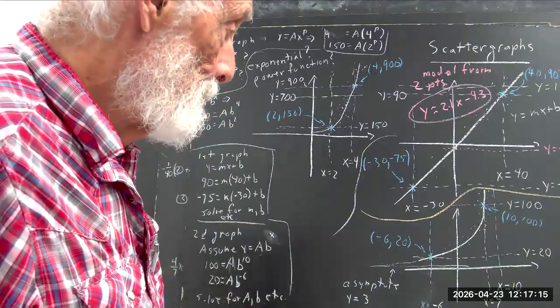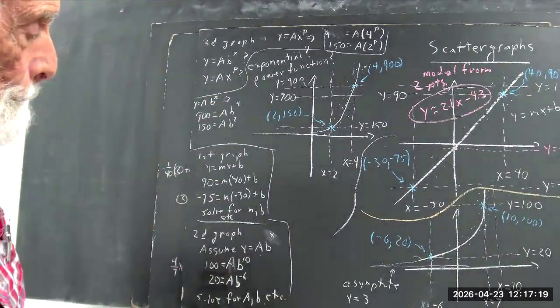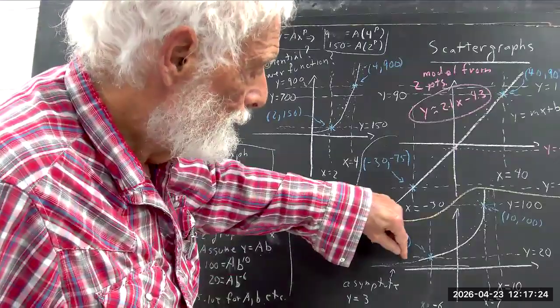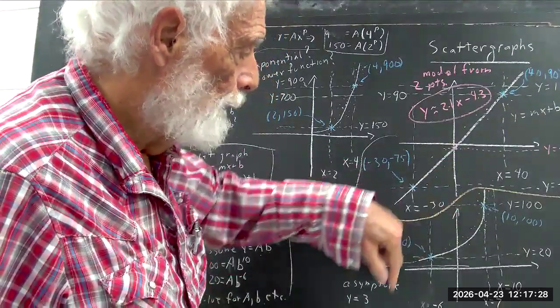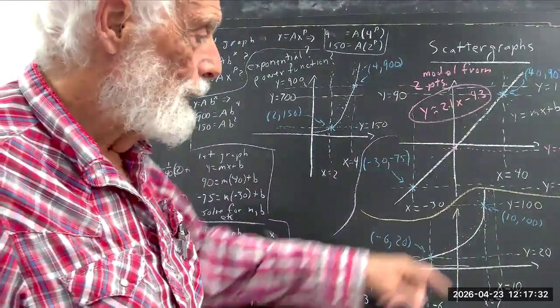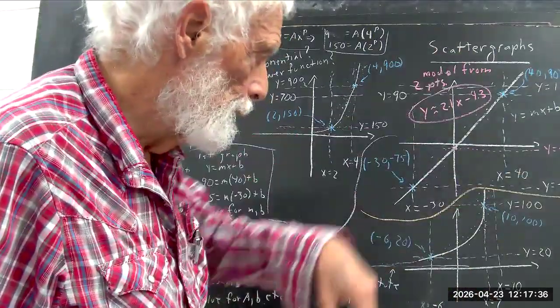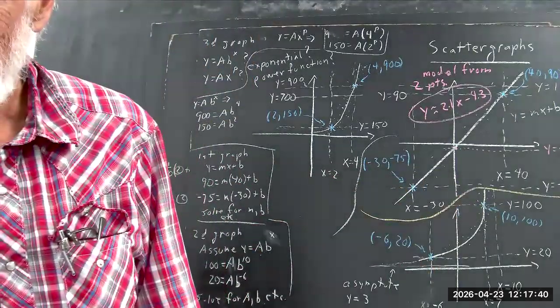Okay. Now, the other two graphs, you can kind of see where the data points are. They kind of follow the pattern of this curve. First, I drew the data points, then I drew the curve. Then I decided to put a scale on it, put x equals 10 out here, y equals 100 here, and estimated the coordinates of this point and this point.